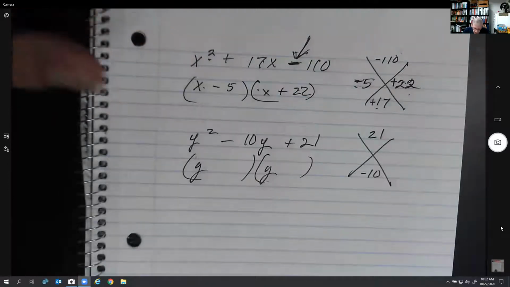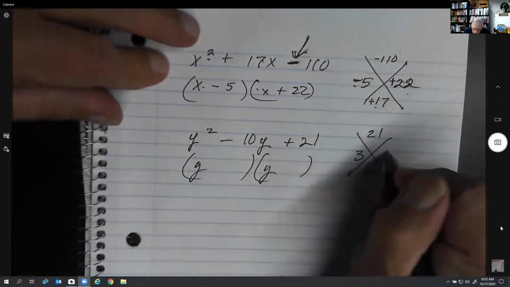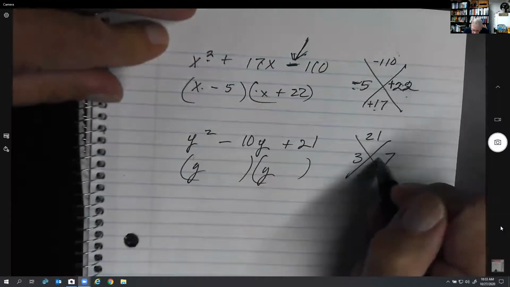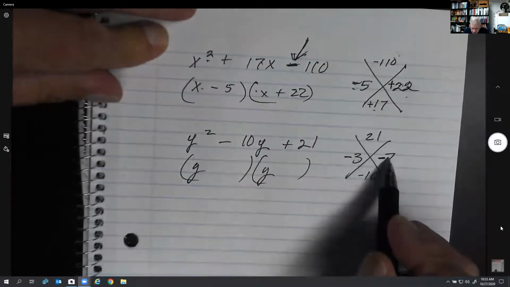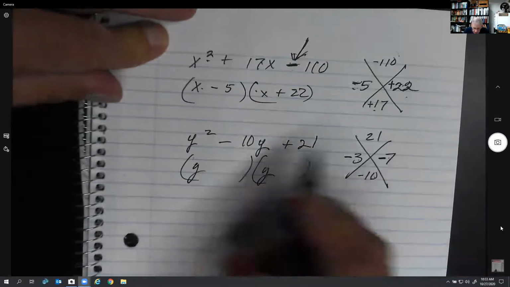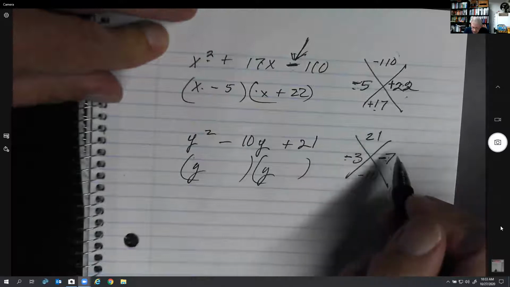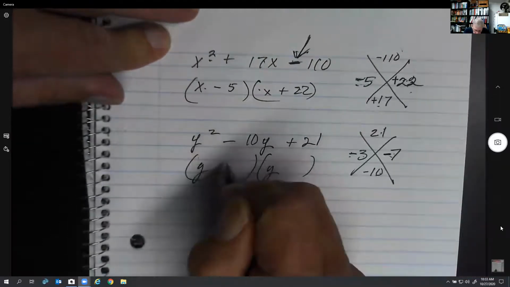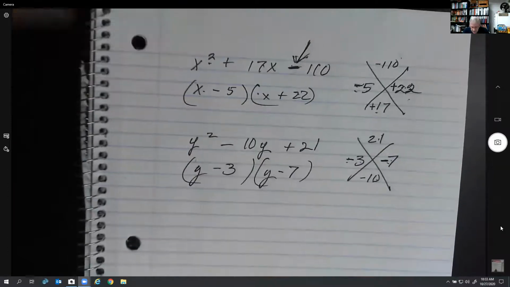Okay, think of 21: 3 times 7. But I need a negative 10. So these both would have to be negative to give me the negative 10. Negative 3, negative 7, negative 10. But would they multiply to give me a positive 21? Negative 3 times negative 7 is a positive 21. So this is negative 3, and this is negative 7. And now I've factored it.